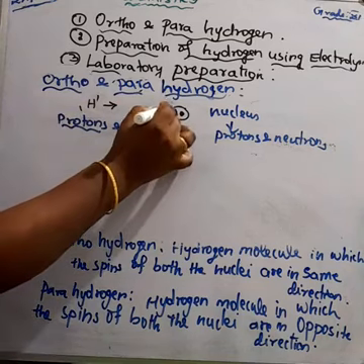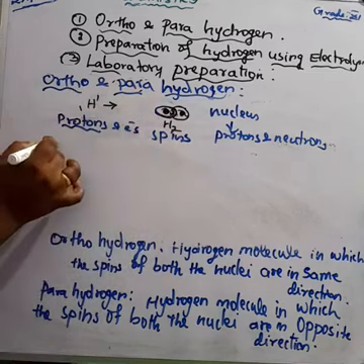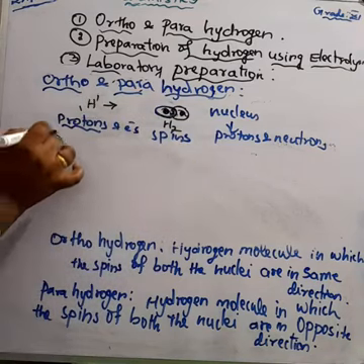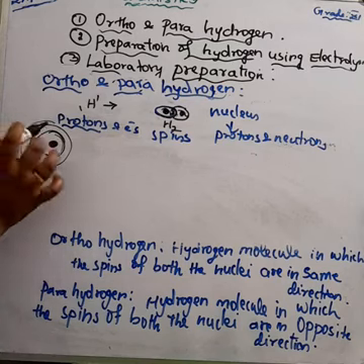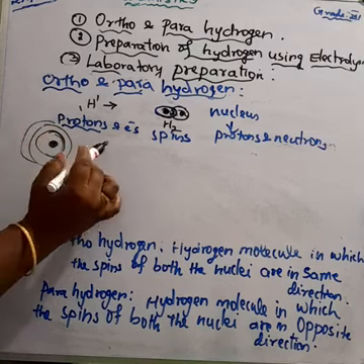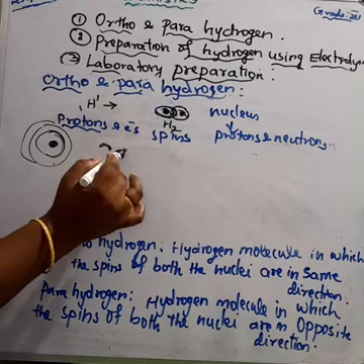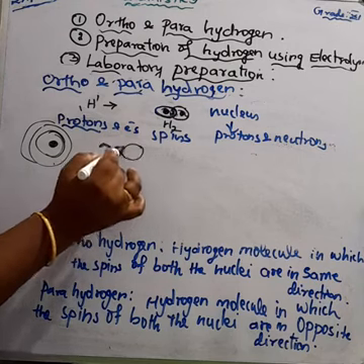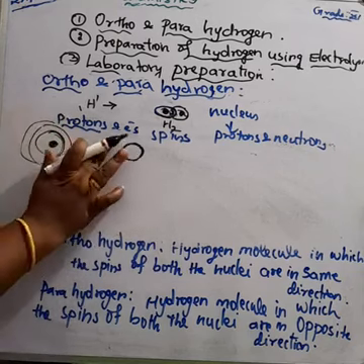Okay, as the Earth revolves around the sun, like that electrons revolve around the nucleus. And as the Earth rotates on its own axis, like that the proton in the nucleus also rotates on its own axis. Understood?